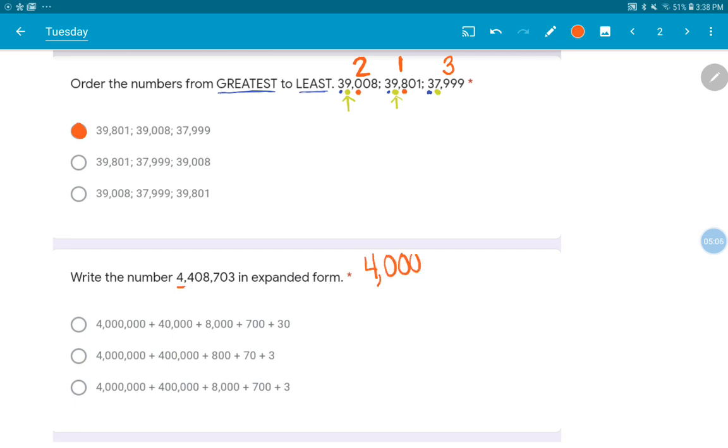So that will be 4 million plus 400,000 plus 8,000 plus 700 plus 3. 4 million plus 400,000 plus 8,000 plus 700 plus 3.